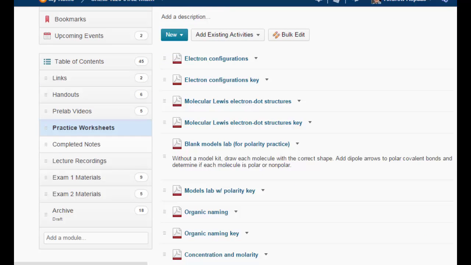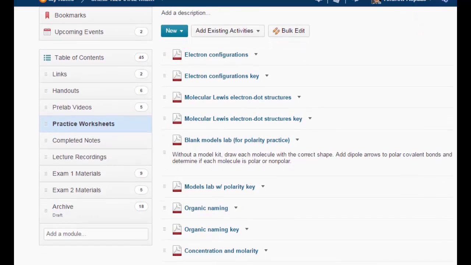Practice worksheets, several of those. So electron configurations. Lewis dot structures of molecules. A blank version of our models lab, which you can go through again without a model kit, seeing if you can draw each molecule with the correct shape, with the arrows, and then determining if they're polar or nonpolar. That'll be excellent practice.